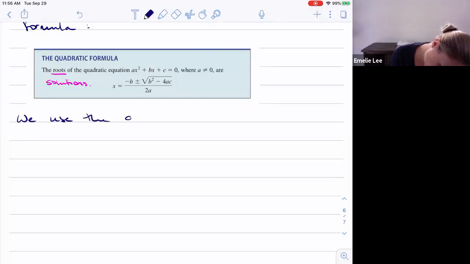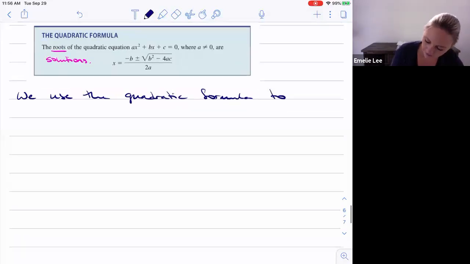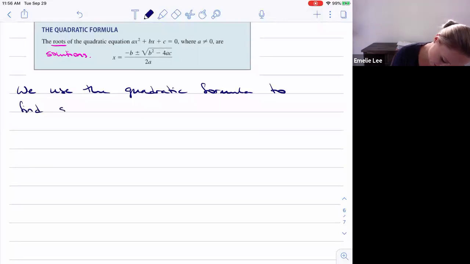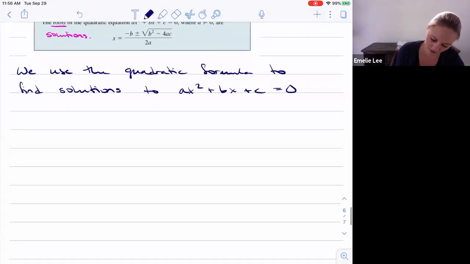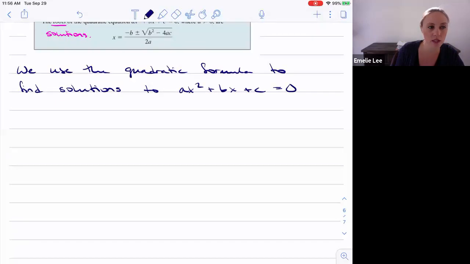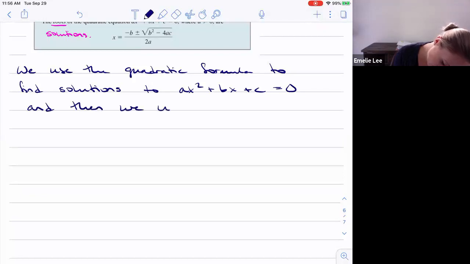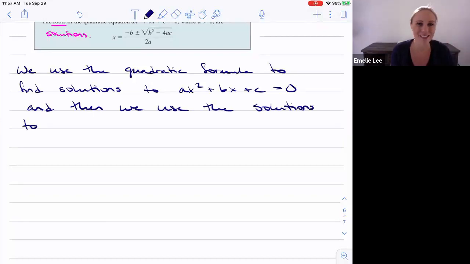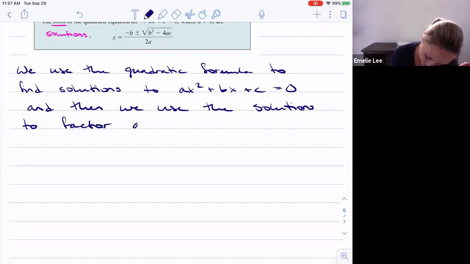We use the quadratic formula to find solutions to ax squared plus bx plus c equals 0, and then we use the solutions to factor ax squared plus bx plus c.